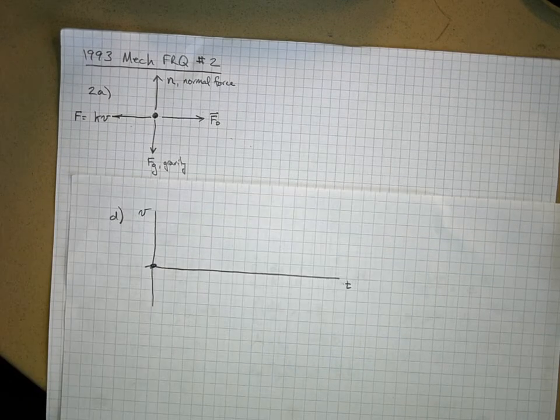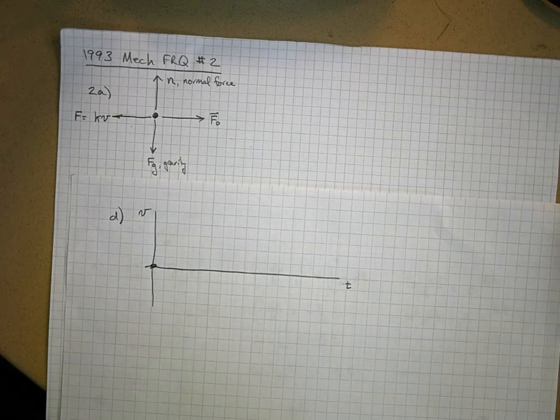Now, here is something really cool. When it stops accelerating, that means we've reached maximum velocity. When it's no longer accelerating, it's not going to go any faster. But we can figure out what that maximum velocity is.